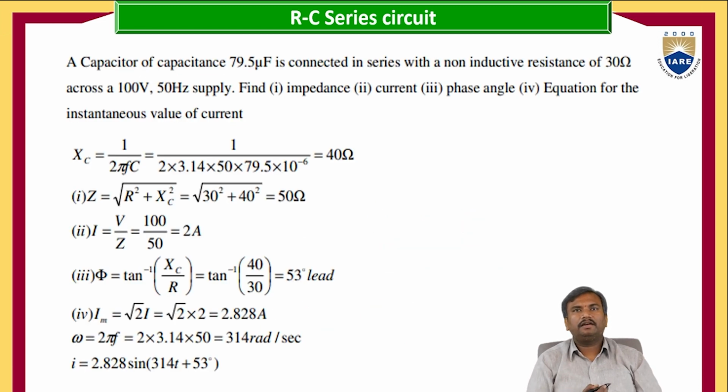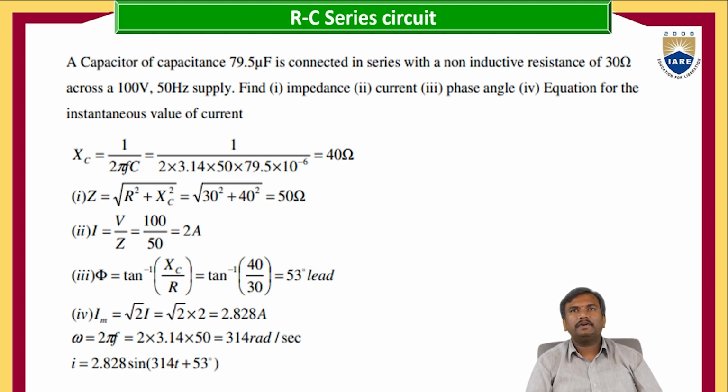Now let us go with one example. A capacitor of capacitance 79.5 microfarad is connected in series with a non-inductive resistance of 30 ohms across a 100 volts, 50 hertz supply.